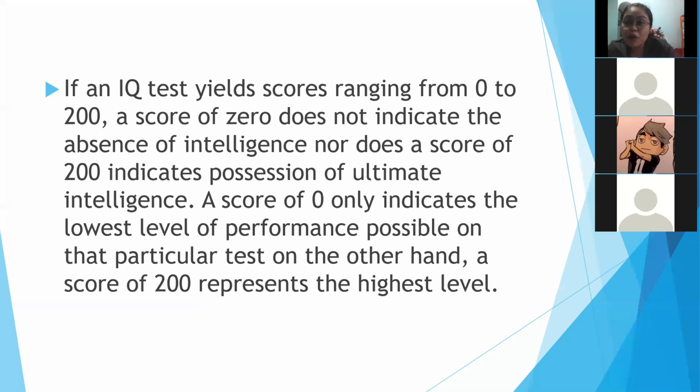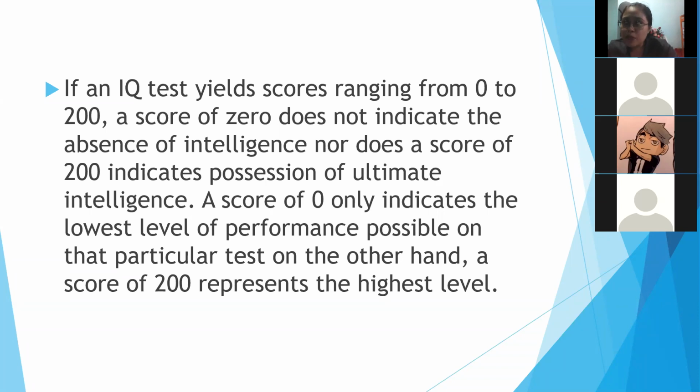Ang 0 lang good din ha sa test kay the lowest possible score, the lowest level of performance na possible, and the 200 represents the highest level possible. Pero dili siya ultimate intelligence. Wala siya ginaingon ana. But nevertheless, it's an interval scale because it has a numerical data.